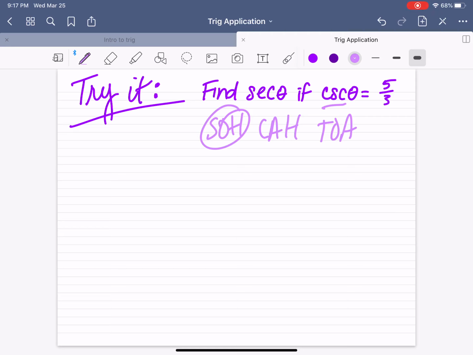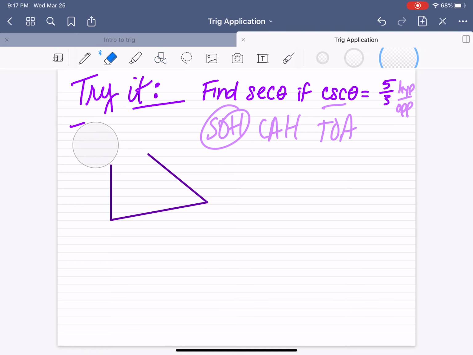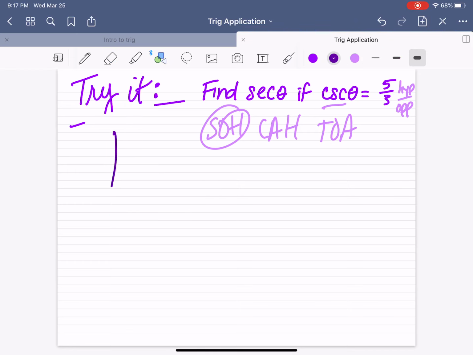So you were given the hypotenuse over the opposite. So let's draw the triangle and label it. Let's put the theta down here today. So the hypotenuse is 5. The opposite is 3.